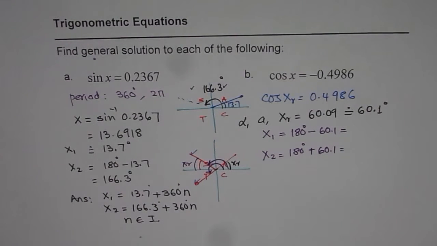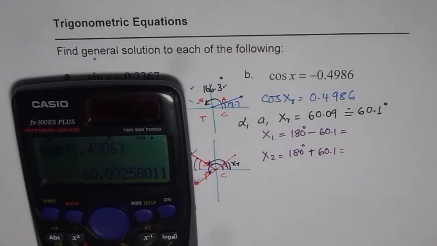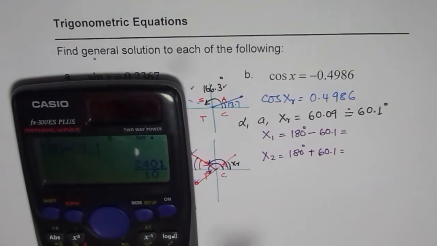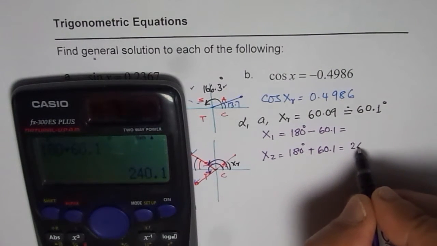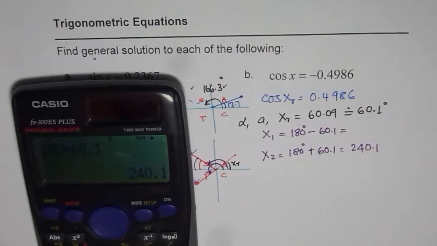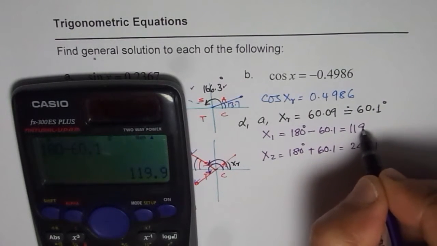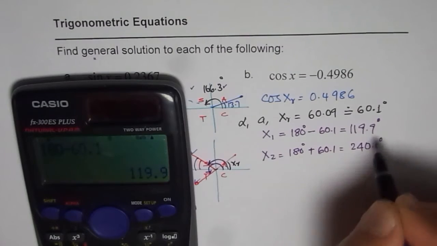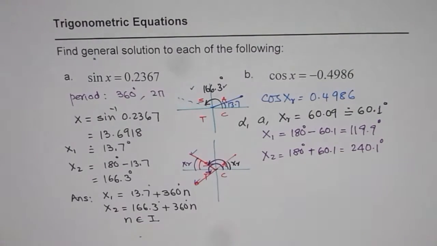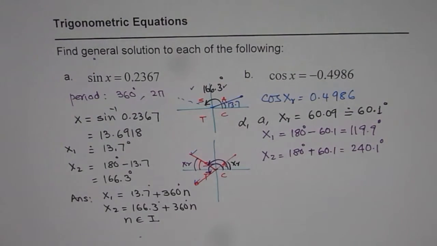Let's find these answers. 180 plus 60.1 gives us 240.1, and 180 minus 60.1 equals 119.9 degrees. So these are the solutions in one cycle.